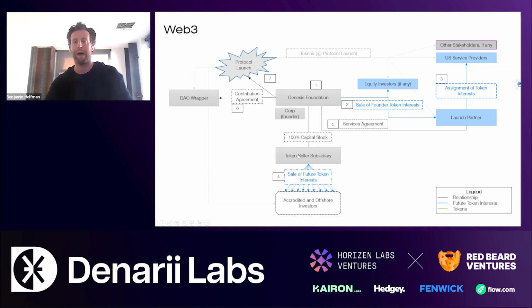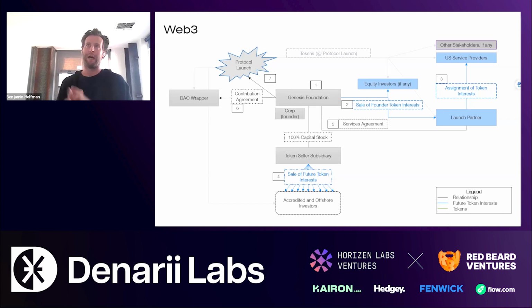And the main commercial action that this entity takes is being the seller of the token interests before the tokens even exist in the first instance, for purposes of moving around tokens to the founding team and at times early investors in a transaction or a series of transactions that we refer to colloquially as the founder round.